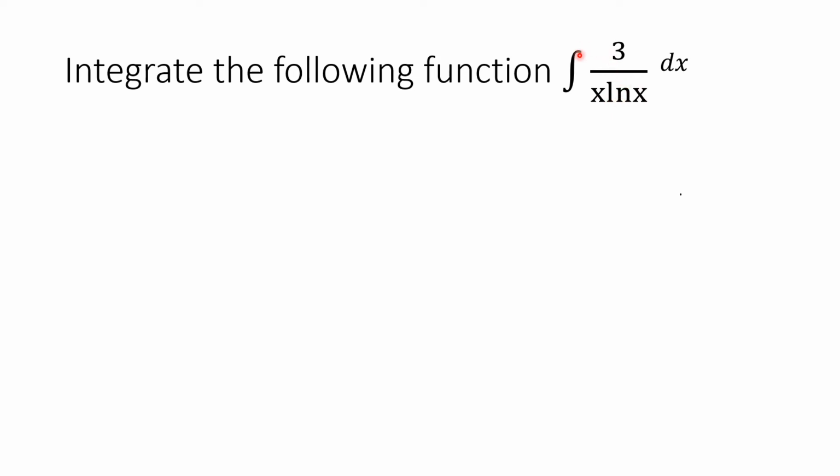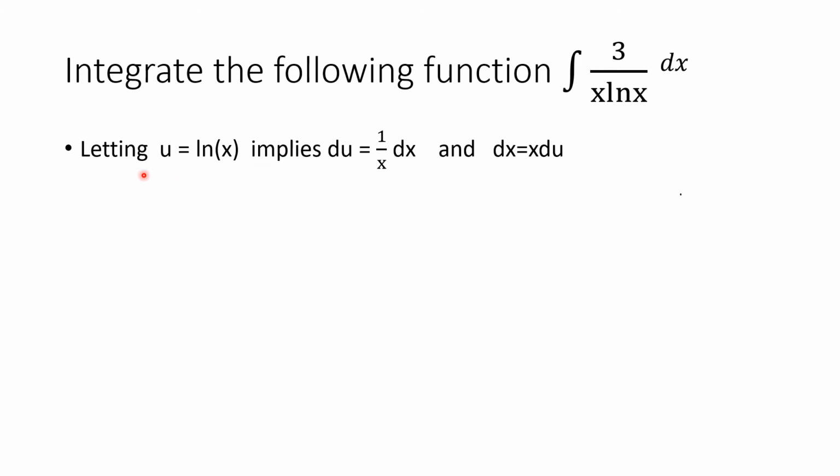Next, we want integration of the function 3 divided by x ln x dx. Let u equal to ln of x. This implies du, which is derivative of the left, equal to 1 over x dx, which is derivative of the right. If we multiply both sides by x, we get dx equal to x times du.